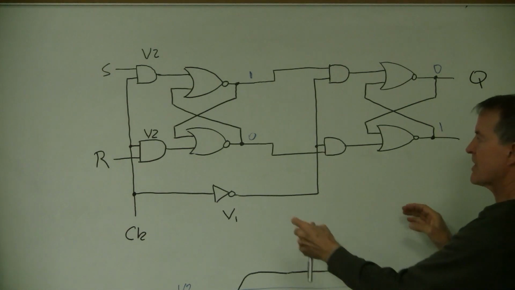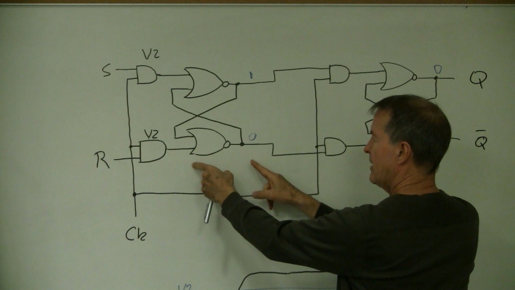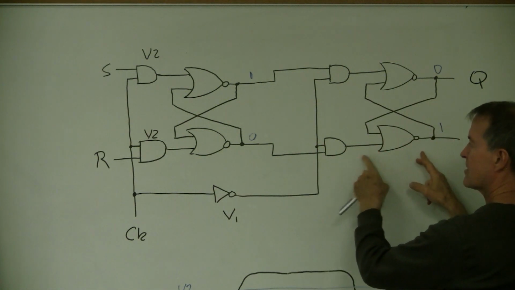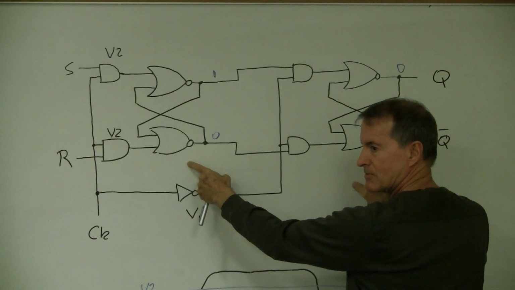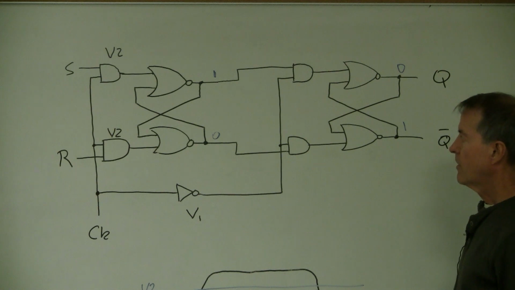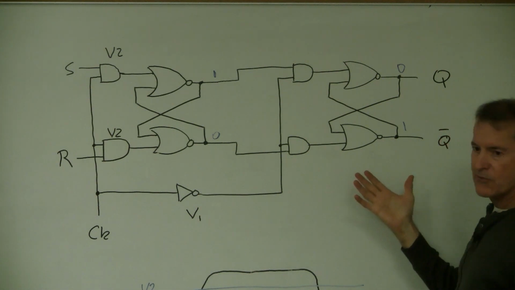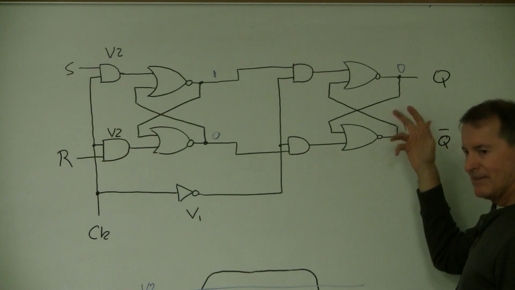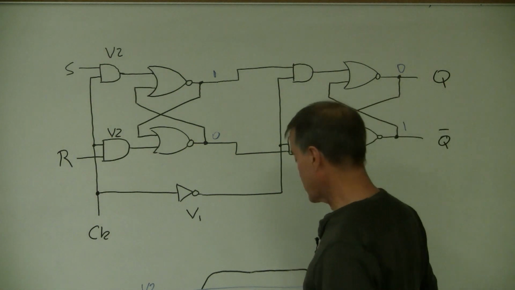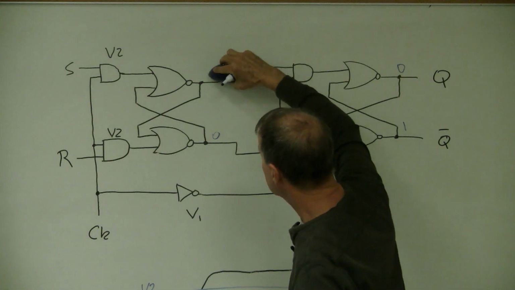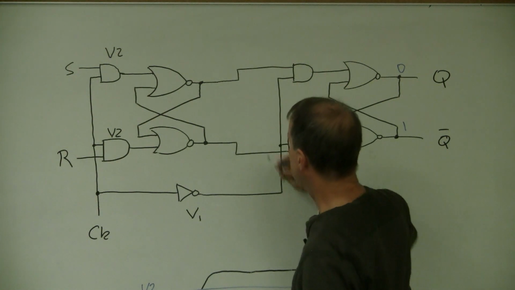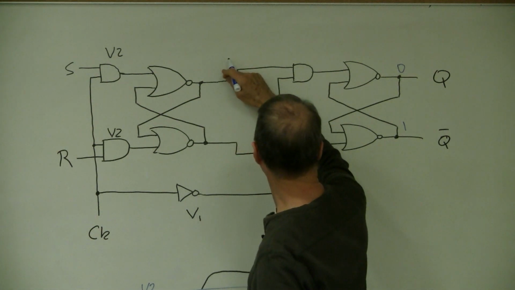So basically what we're saying is that the master is connected to the slave. The slave is following what the master does. It's always the opposite, but it's following it. And what's the other possibility? Of course, the other possibility is that the master state is what? What did we have before?